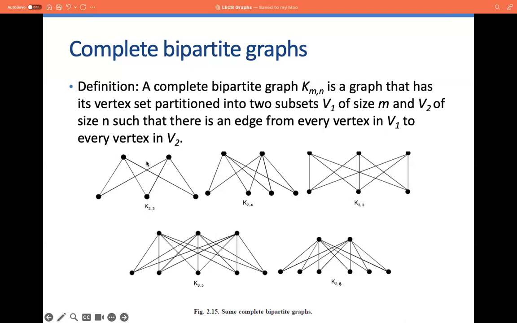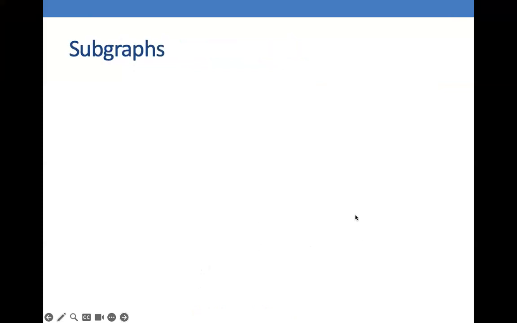As we can see, all the nodes in V sub 1 are connected to every node in V sub 2. The same is true for this example, V sub 1 having 2 elements and V sub 2 having 4 elements, and all the elements in V sub 2 are connected to every element of V sub 1. And the same is true for the rest of the examples. Okay.